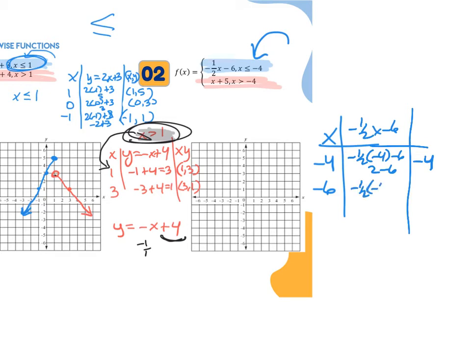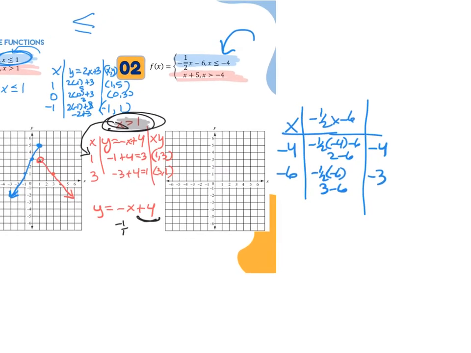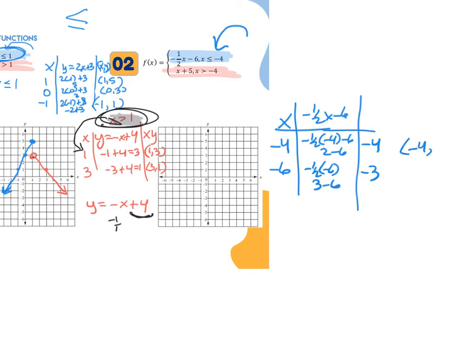Half of -6 is +3, and then +3 minus 6 is -3. So the ordered pairs I'm going to graph are -4, -4 and -6, -3. Because it's got the less than or equal to -4, this first point is solid.